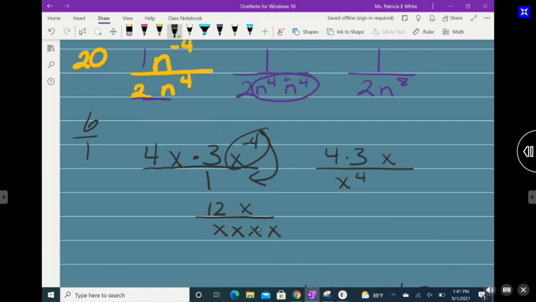I can never have the same letter. If I have more than one of the same letter, guys, then I know I'm not in simplified form. What can I cancel? So I've got 12 over x to the 3rd power.